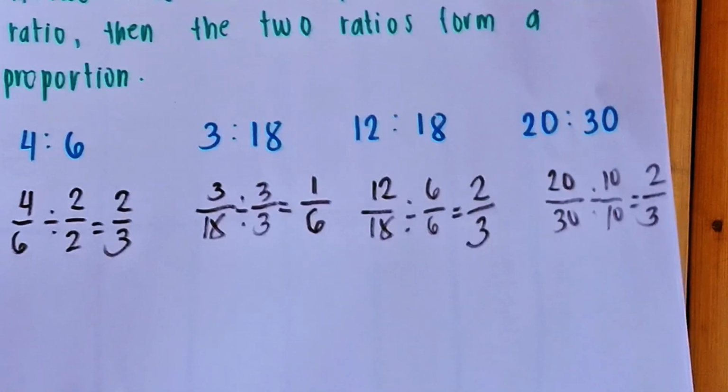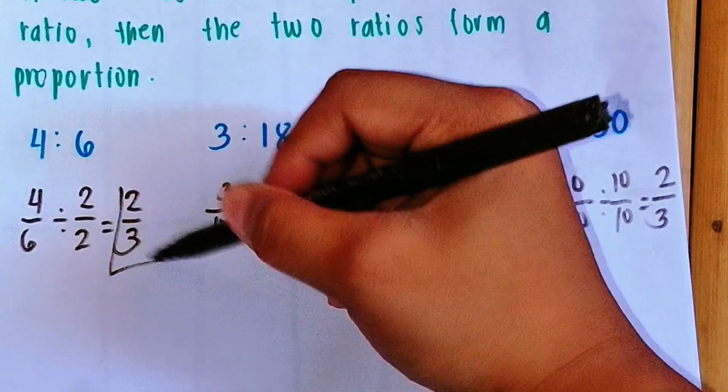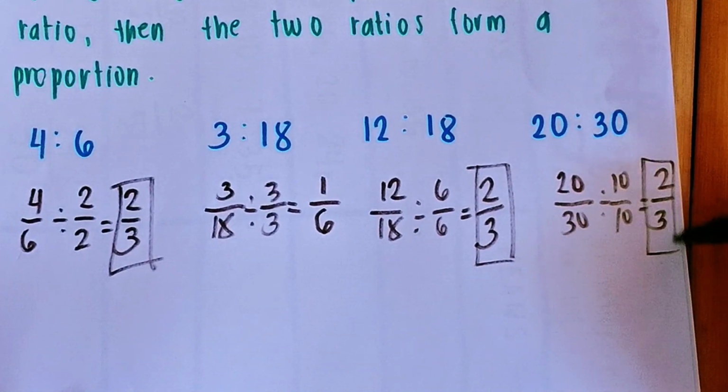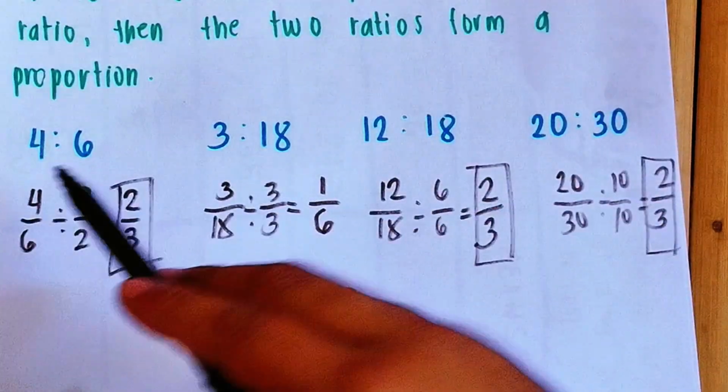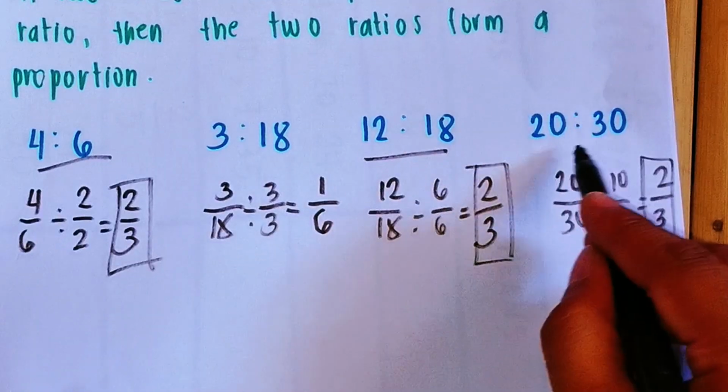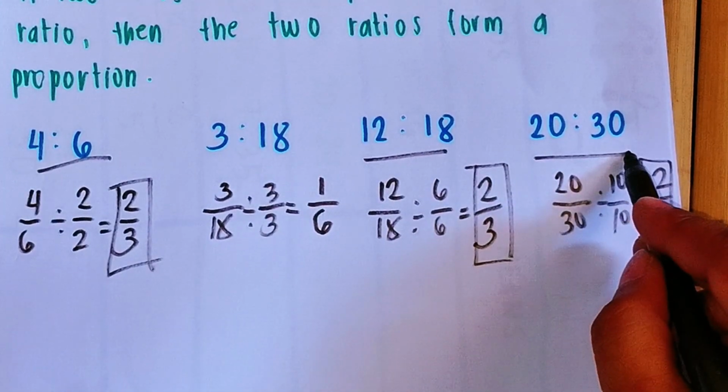So as you can see here, 3 of them are the same. So meaning to say these 3 ratios, 4 is to 6, 12 is to 18, and 20 is to 30, are proportions.